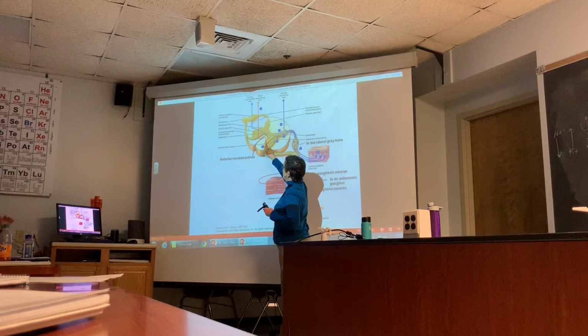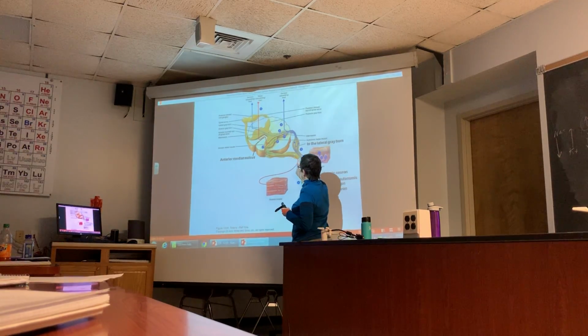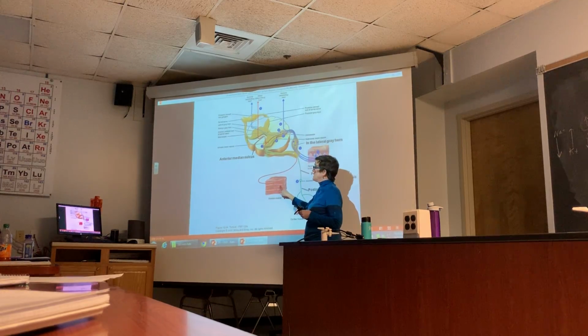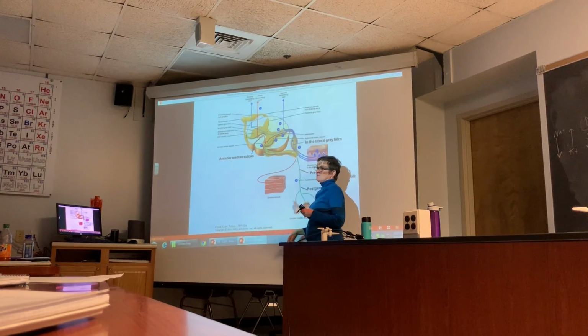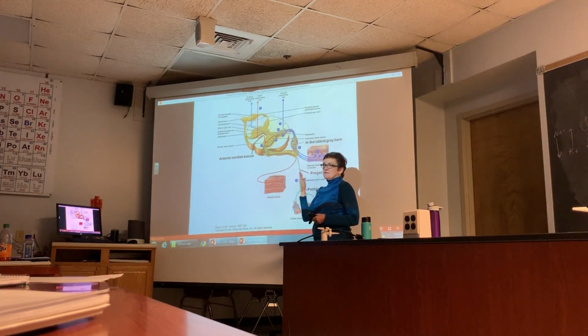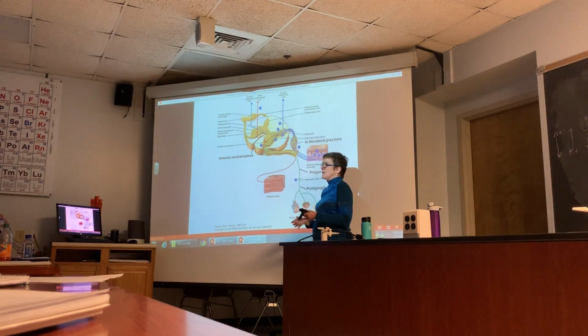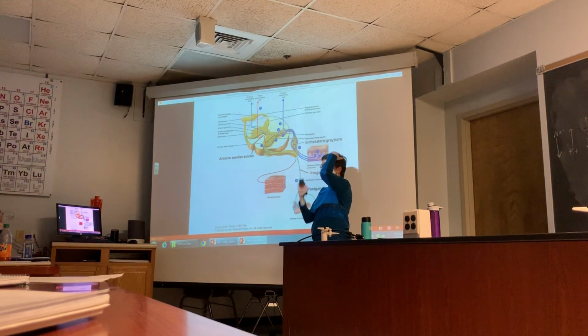Here's the lower motor neuron, somatic motor neuron, and now it's sending signals out to cause muscle to contract. But this would not be a reflex. This would be more like stimulating your hand to move, your arm to move, or something. So, the left side of my brain is going to stimulate the right side of my body, those muscles to move.